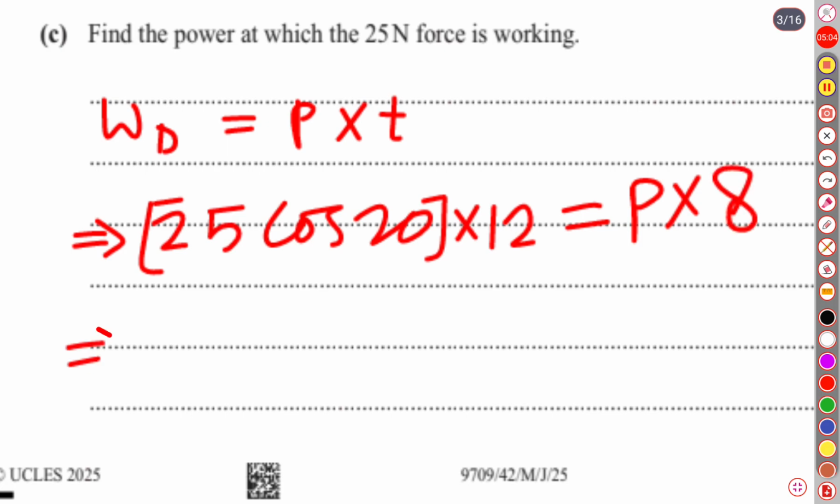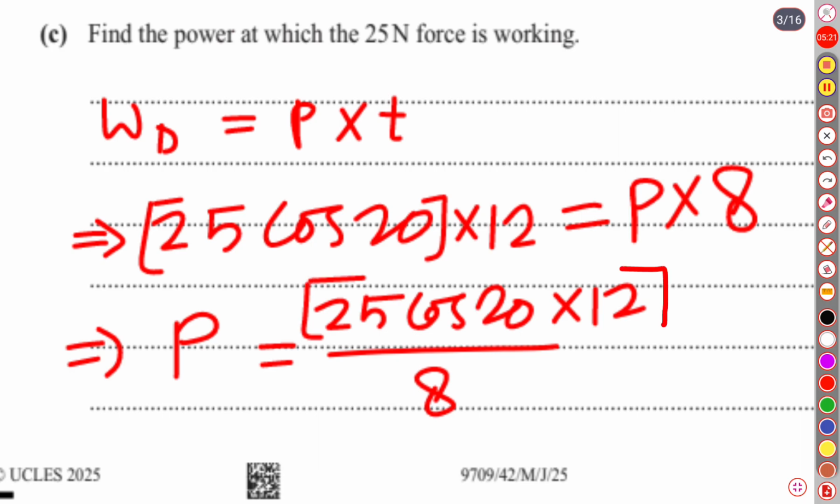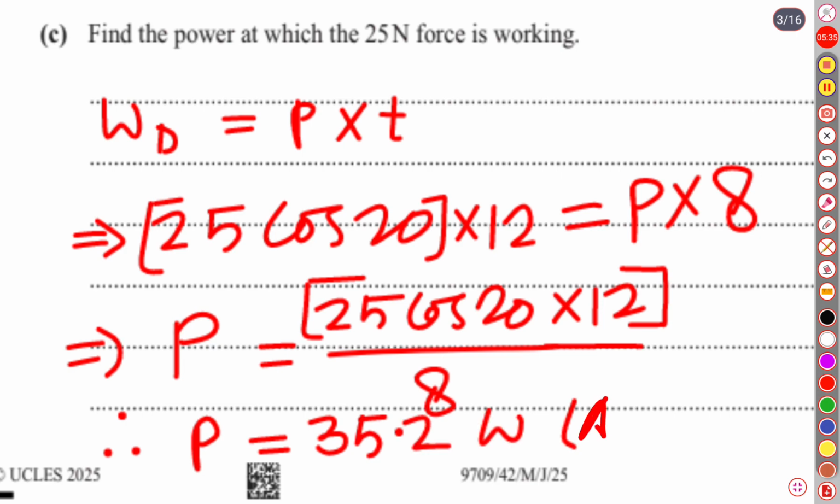Now, if we want to isolate P as subject, it is going to be 25 cos 20 into 12 over 8. And then finally, hence power consumed was 35.2 watt. So this is the answer to the final part of this question.